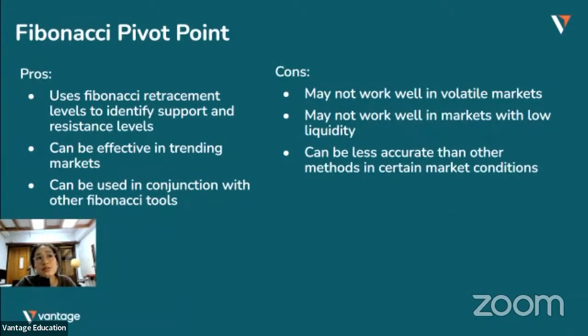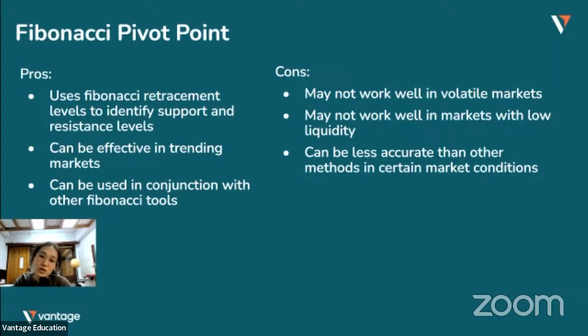Okay, so next we have the Fibonacci pivot point. This is effective in trending markets. And of course, you can also use the Fibonacci tools that we've gone through in previous webinars, such as the Fibonacci projection, your Fibonacci extension, as well as your Fibonacci expansion. All of that can be used in conjunction with this so that you get confluence as well.